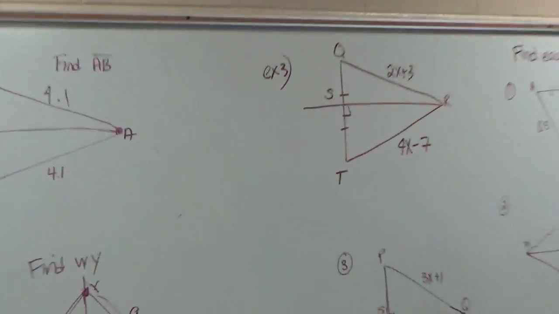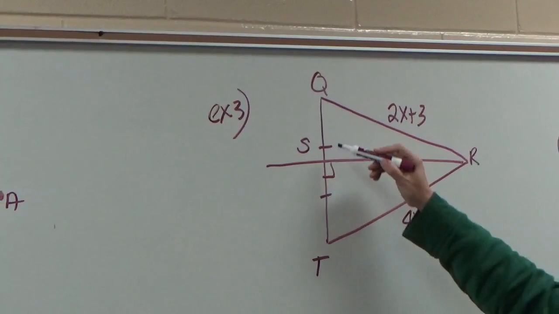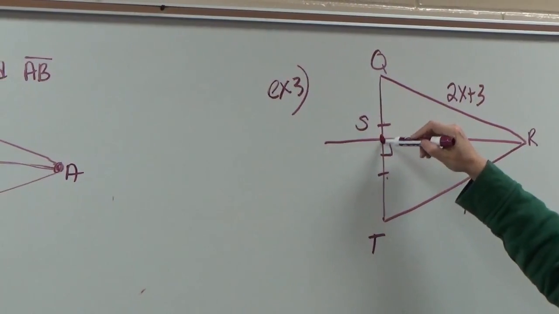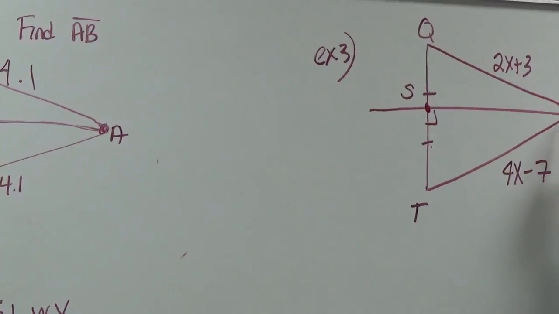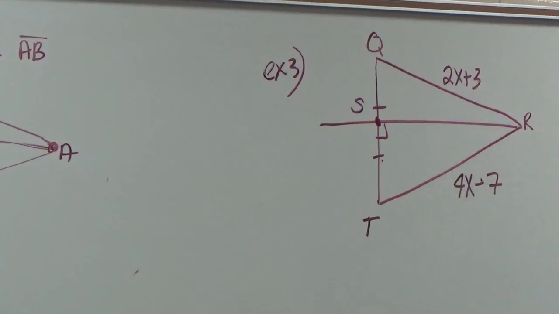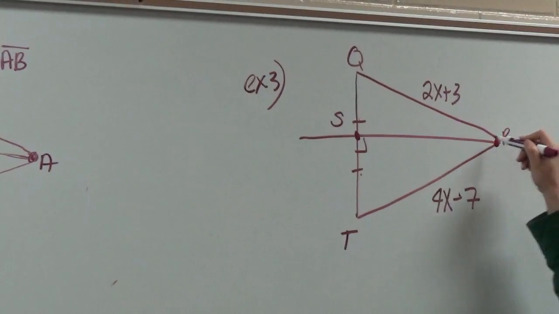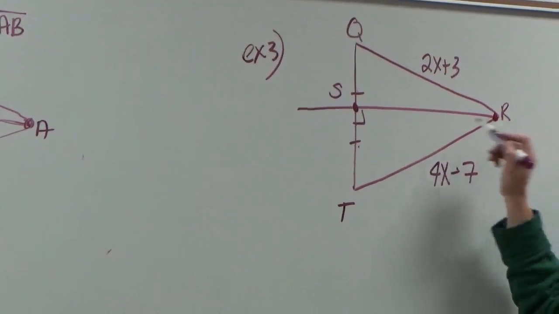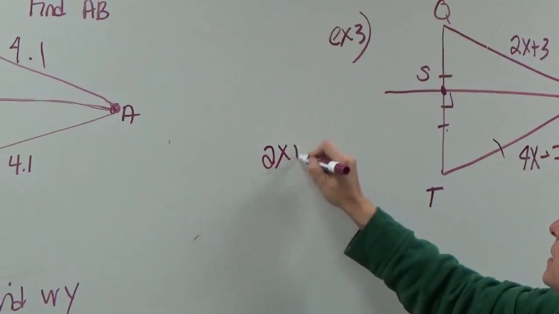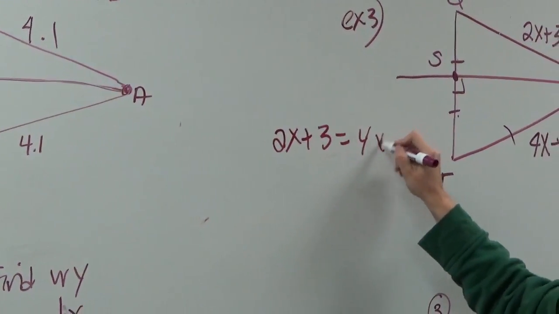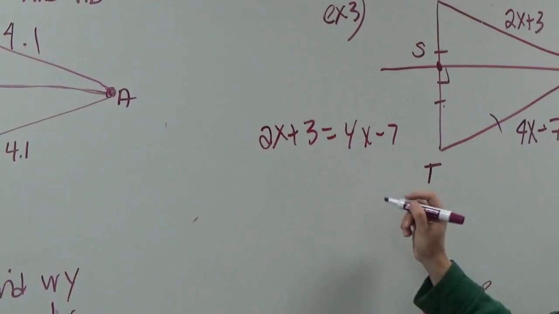Okay, over here, example 3. This tells me that this is a bisector because it's right here, and that is a perpendicular line. So what can you say about these 2? This is equidistant from both of those points, which means these are both equal. So how do I solve for x? 2x plus 3 equals 4x minus 7, and I have to go ahead and solve for x.